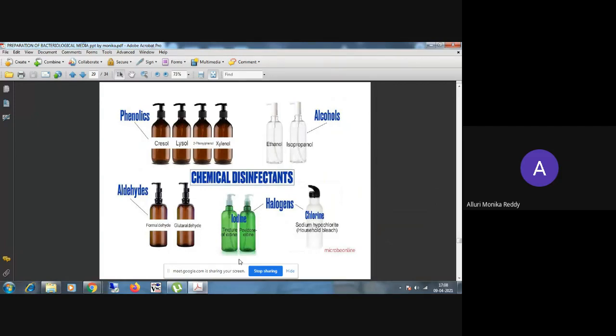Ethanol, propanol, alcohols are used for sterilizing materials before culturing, and phenols like cresol, lysol are also disinfectants used in laboratory conditions or for dismantling culture media. Aldehydes, formaldehyde and glutaraldehyde, are also used for preserving cultures or specimens.